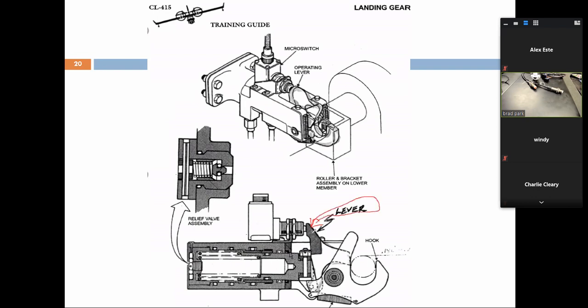As it comes up, it makes contact with the micro switch and pushes on the micro switch to indicate that the wheels are up.